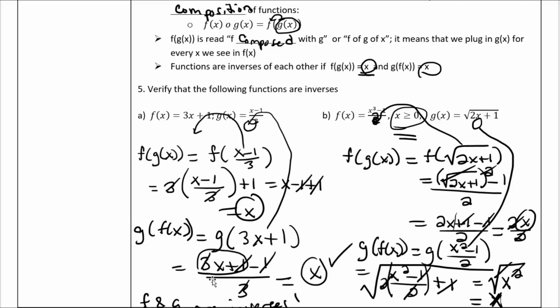Like we said, x could be positive or negative because it's a square root, but we're only looking at positive x values, so therefore it's x. All right, and that's how you find the inverses. That's how you verify inverses.